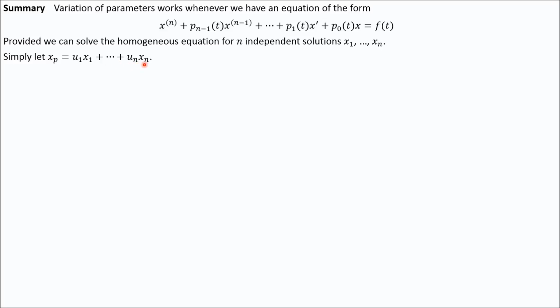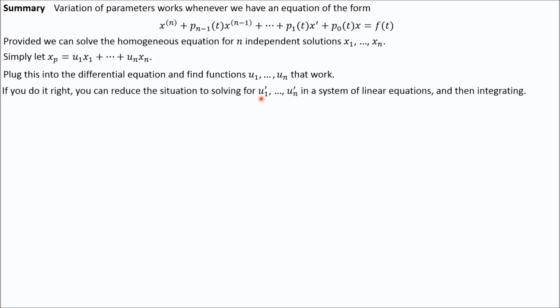And it turns out you can always find a solution of this form. So that's what variation of parameters is. And in the end, you end up finding out what u1 prime up through un prime are, and then integrating that to figure out what u1 through un are.